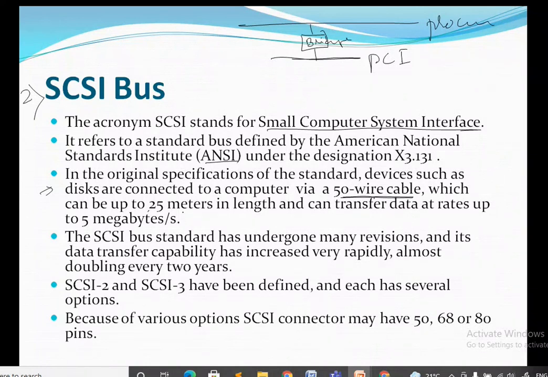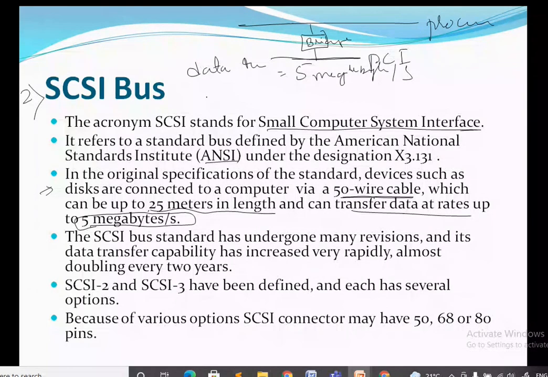That means the connection between the device and the bus can be up to 25 meters long. The data transfer rate on this bus is 5 megabytes per second. Just remember this: the data rate on the SCSI bus is 5 megabytes per second, and the length of the wire or bus can go up to 25 meters.